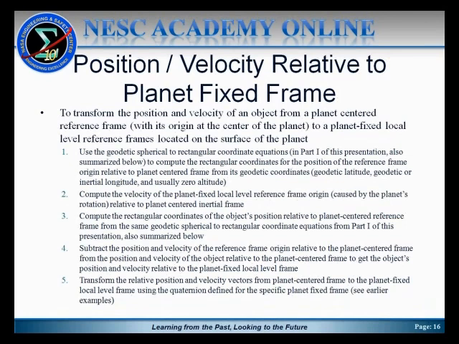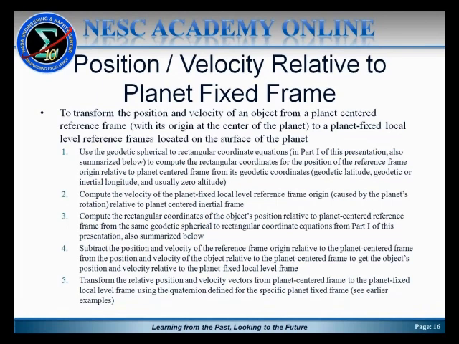And then you would compute the rectangular coordinates of the object position relative to that planet-centered frame using the equations that were presented in part 1 of this presentation for converting from spherical coordinates, that is latitude, longitude, and altitude, to rectangular coordinates. You subtract the position and velocity of the reference frame origin from the corresponding position and velocity of the object itself, and you get the incremental position and velocity of the object relative to the origin of that frame.